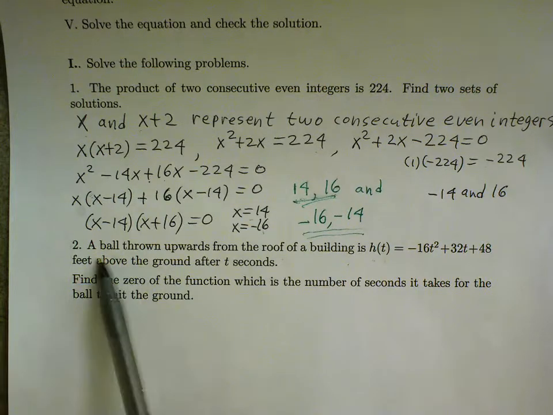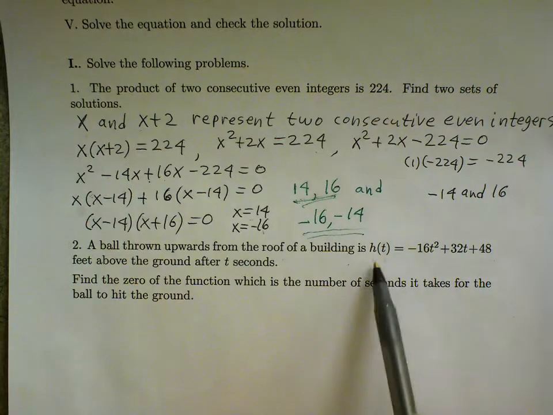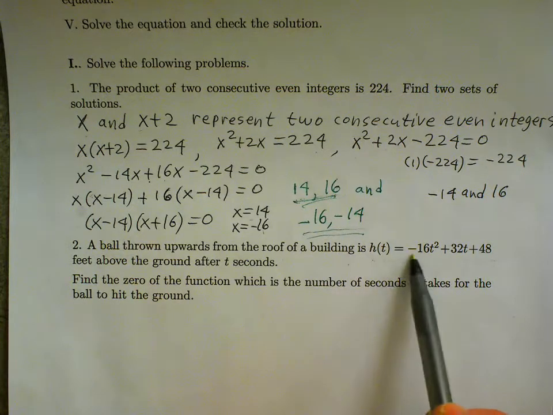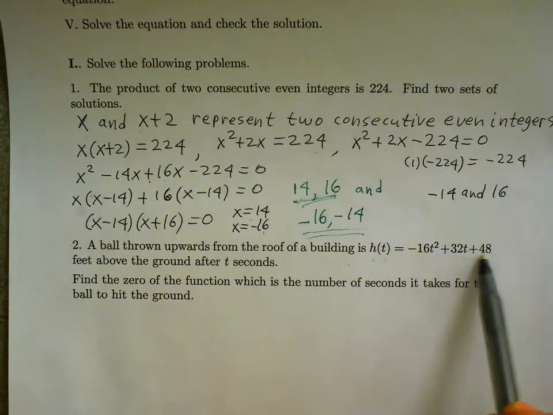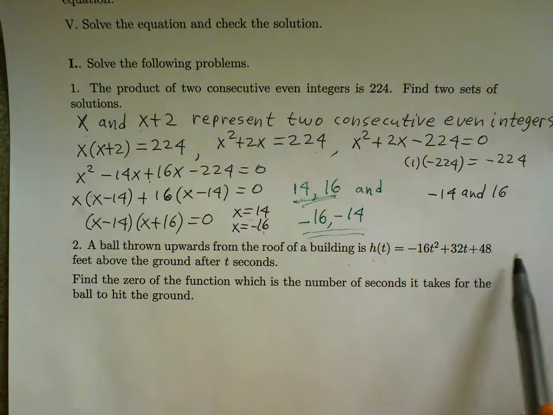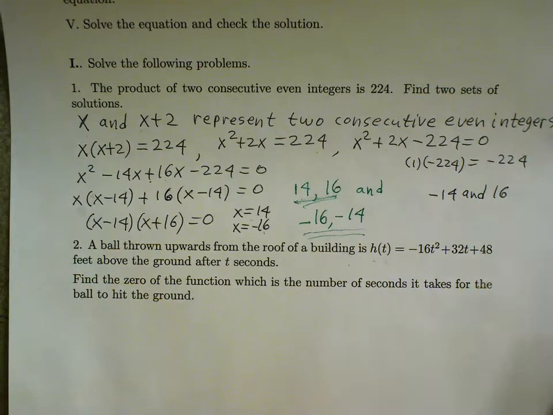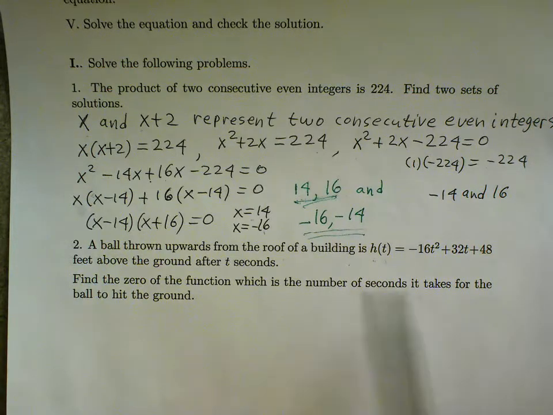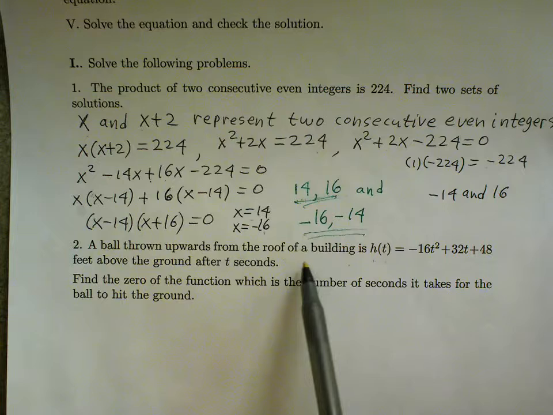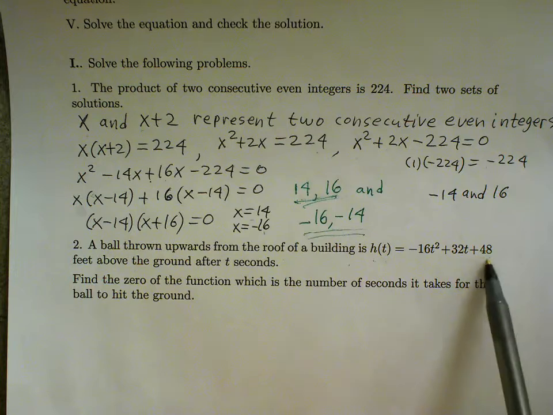So a ball thrown upwards from the roof of a building is h of t equals negative 16 t squared plus 32 times t plus 48 feet above the ground after t seconds. So when t is 0 seconds, the height of the ball is 48 feet above the ground.